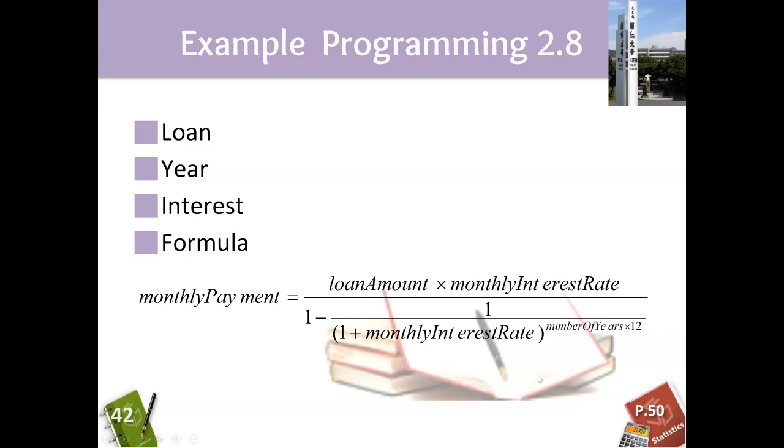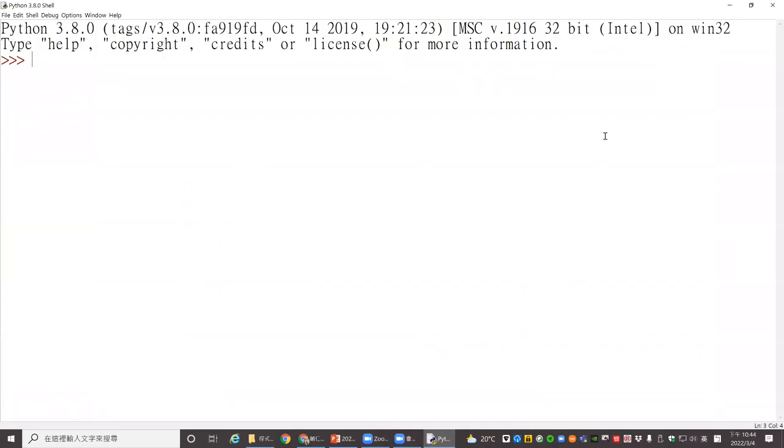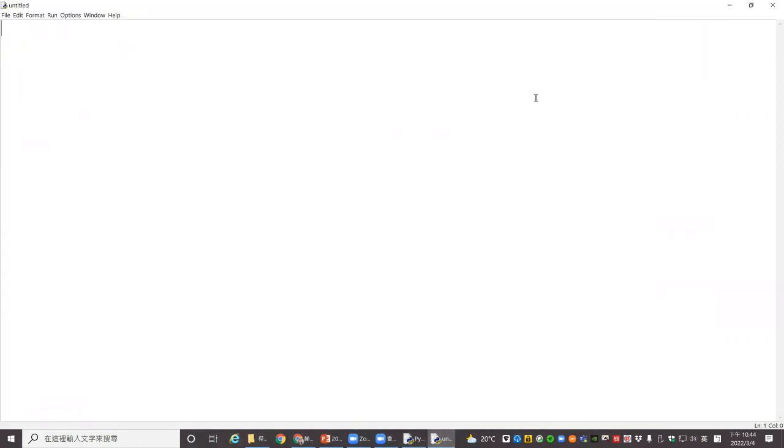So this is the formula. Actually, this program wants you to understand how to process a formula just like this. Okay, so we can practice in our IDLE. Here is the new file. We want the user to reply to us.